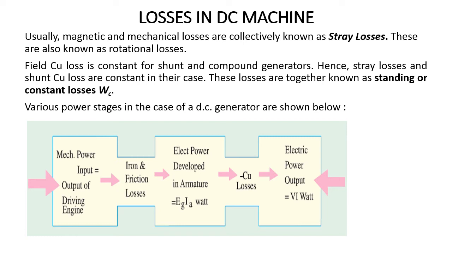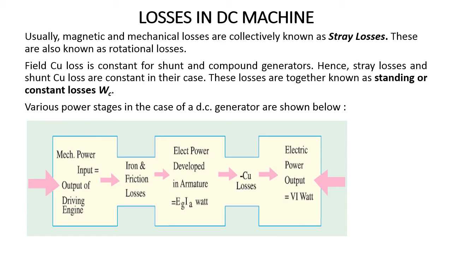Because this DC machine is a rotating one, definitely rotational losses are there, and the magnetic losses also occur because of rotation and reversal of magnetization. Field copper loss is constant for shunt and compound generators, hence stray losses and shunt copper loss are constant in their case.